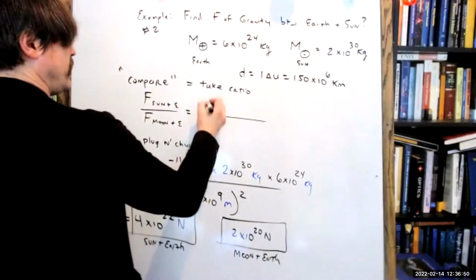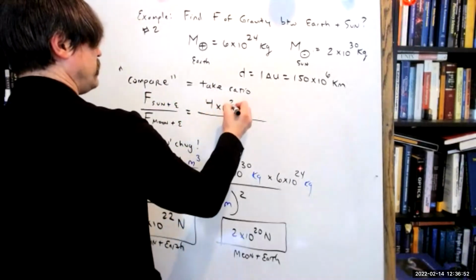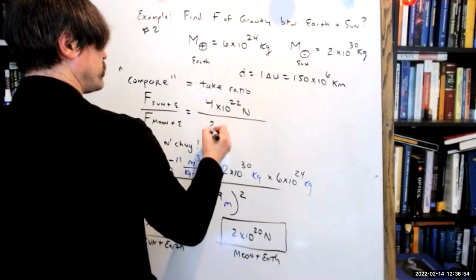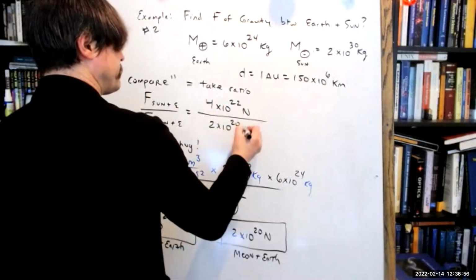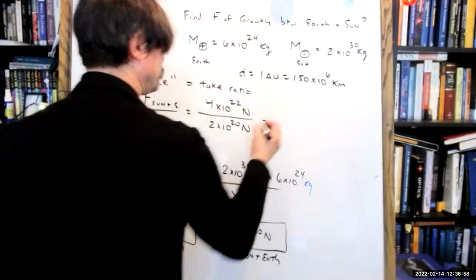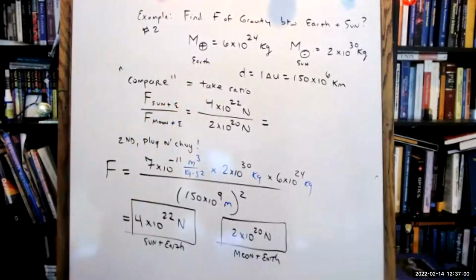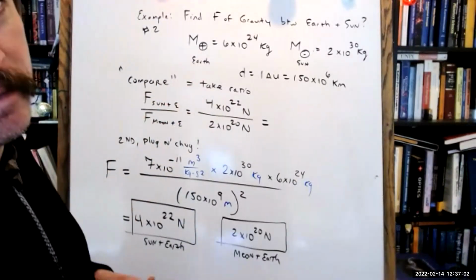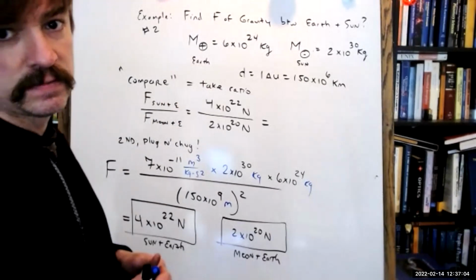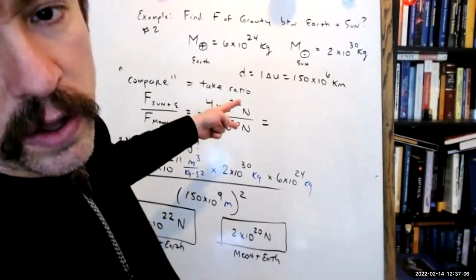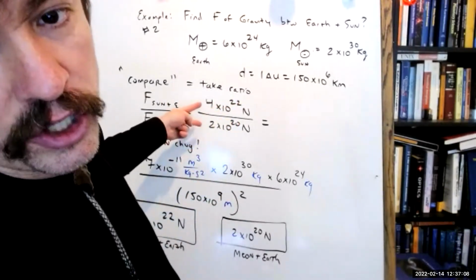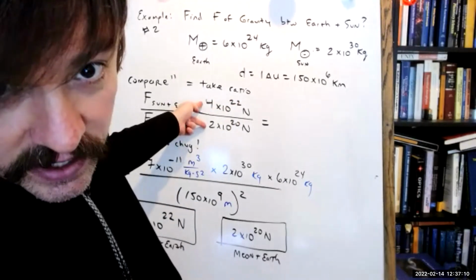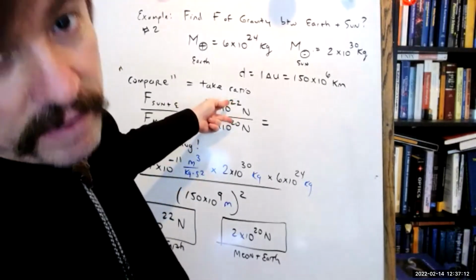So in the top, we will have 4 times 10 to the 22 newtons over 2 times 10 to the 20 newtons. Have you ever divided numbers in scientific notation in your head before? I'm pretty sure you just subtract it, right? It would just be 2 times 10 to the second. You divide the lead digit, but you subtract the powers.